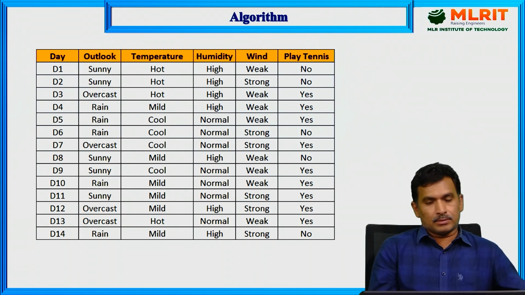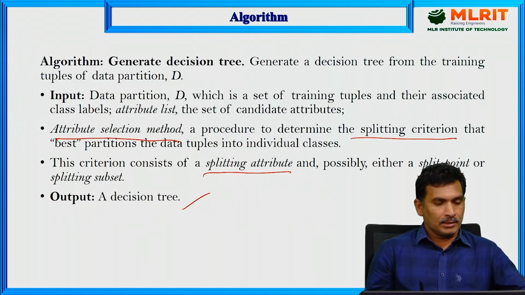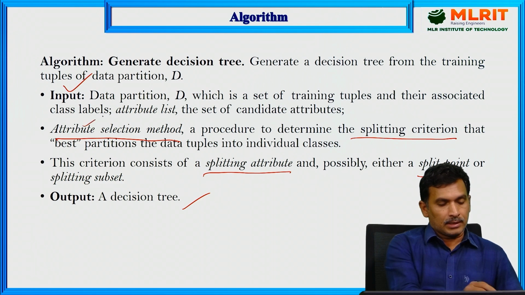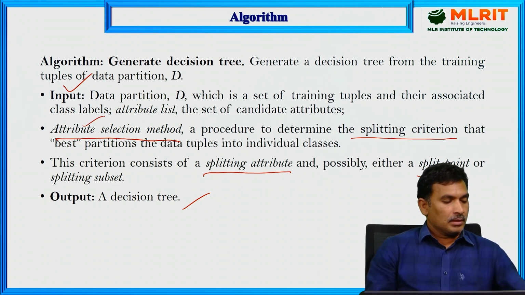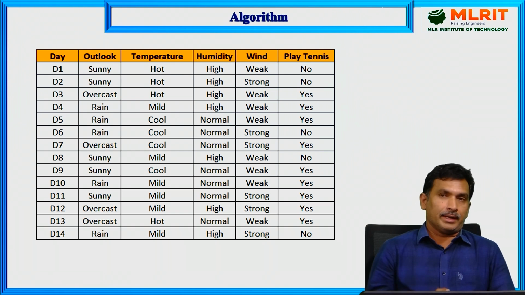Before we proceed to an in-detail discussion of each step in this algorithm, let us try to understand what the input data is. As we discussed, mainly there are three: the input, and the second one, the attribute selection method. So what kind of input, and how would it look?